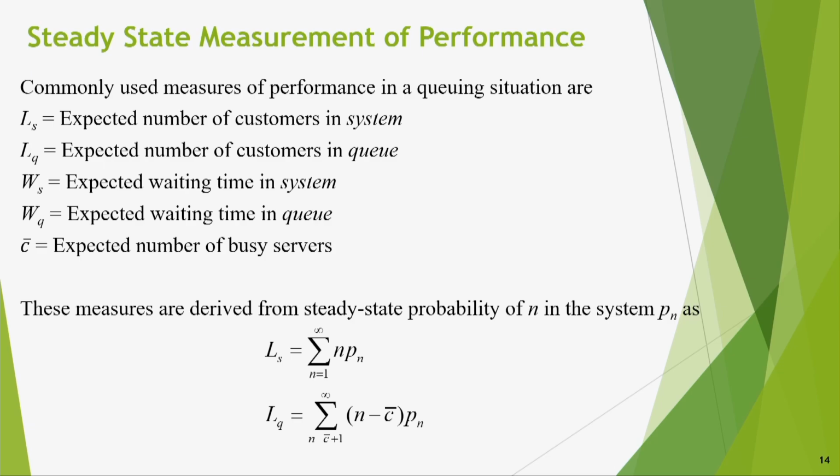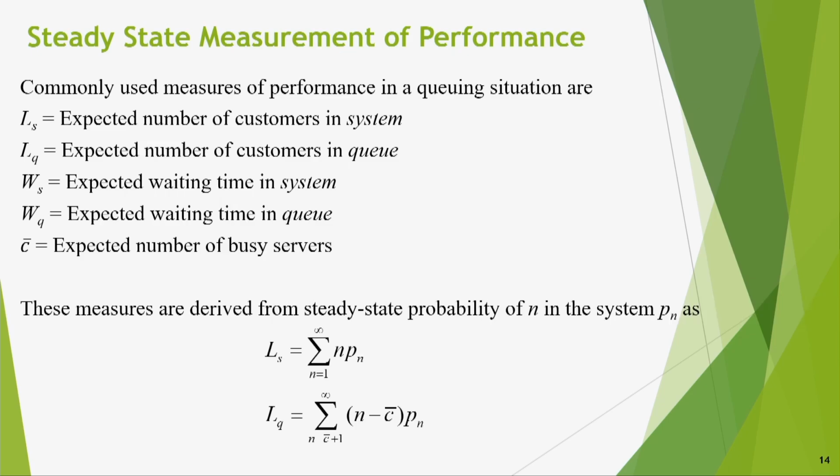Lq is the expected number of customers in queue, that means queue length. Ws is the expected waiting time in system. Wq is the expected waiting time in queue, and C bar is the expected number of busy servers. These measures are derived from the steady state probability of n customers in the system, Pn.